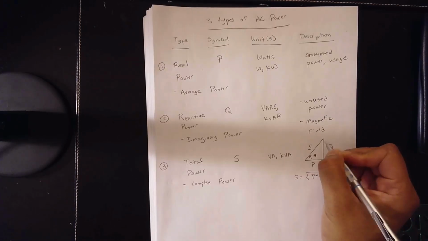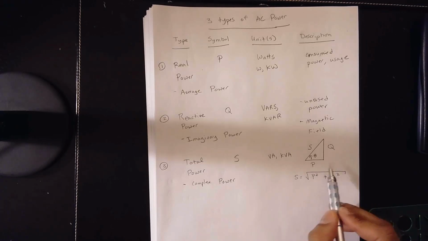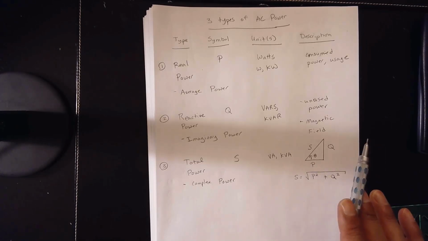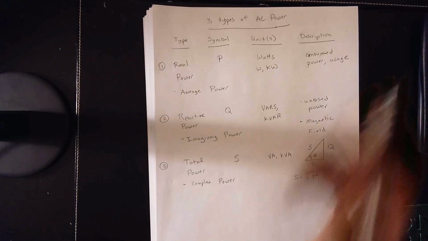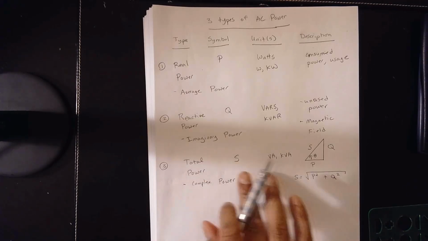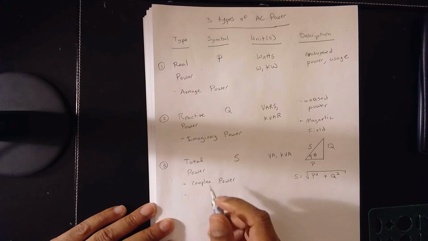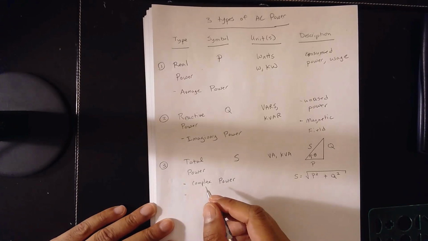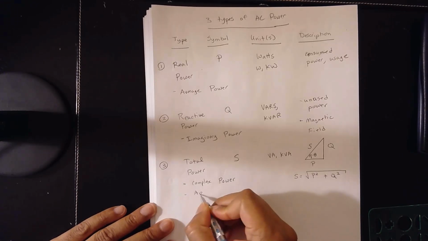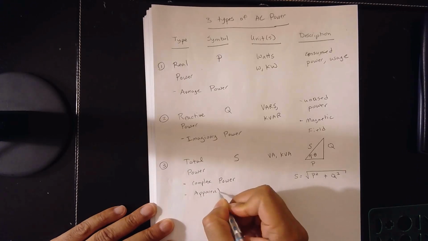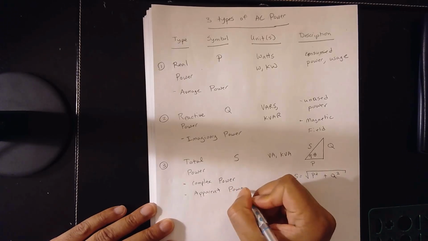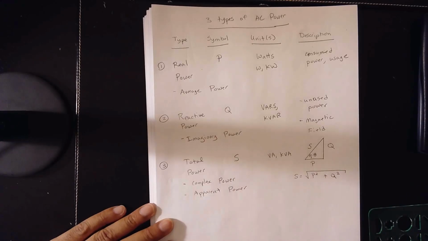Your real component is usually your x-axis in the triangle, and your total component is your S. So this is called complex power from a complex component. Now, last but not least, you have apparent power. Apparent power, complex power and total power mean the same thing.